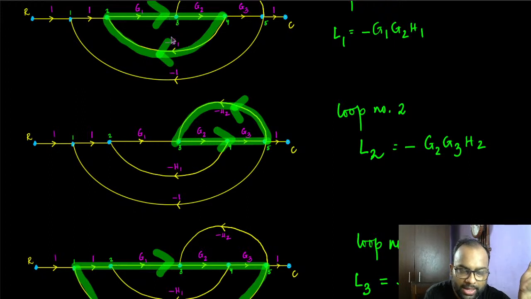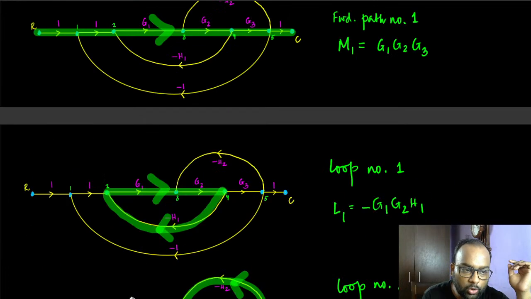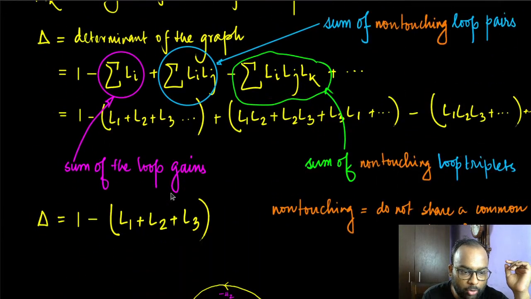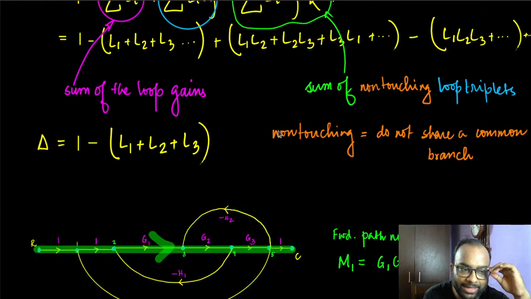So none of them are non-touching. All of them are touching each other in a sense. So essentially we don't have any non-touching loop pair, and as such, we don't have any other terms.